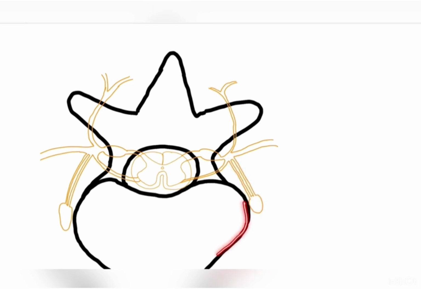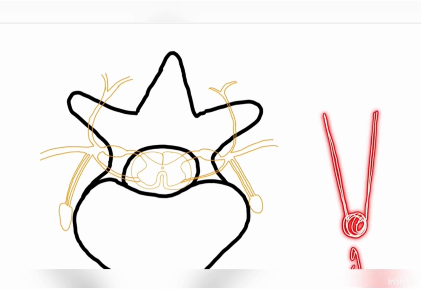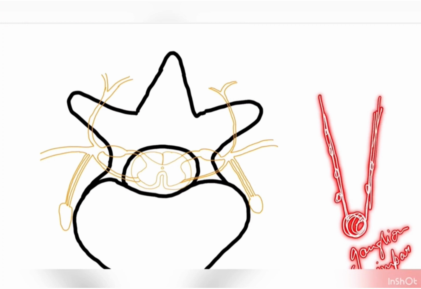So you can see the sympathetic ganglion is present on the lateral aspect of the body of the vertebra. Its location is different at different places. And at the bottom, both the sympathetic chains will join together at a single ganglion called the ganglion impar. Okay, these are the ganglia, and complete is a sympathetic chain.